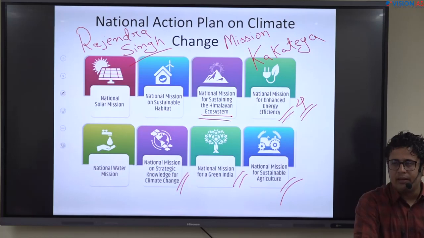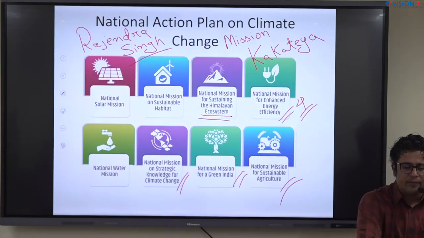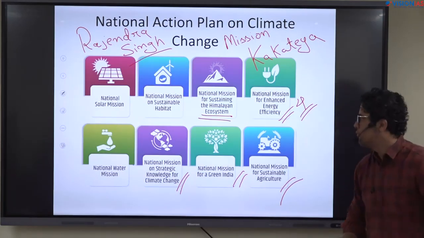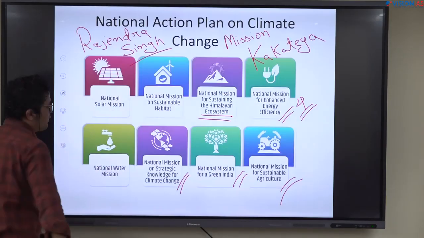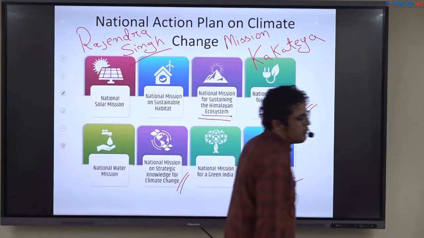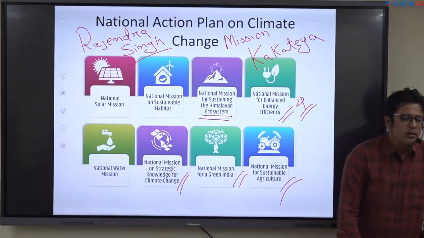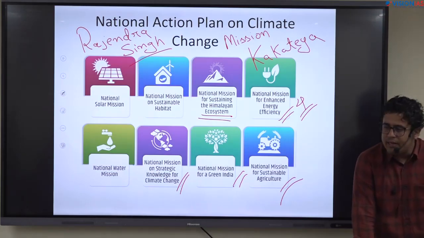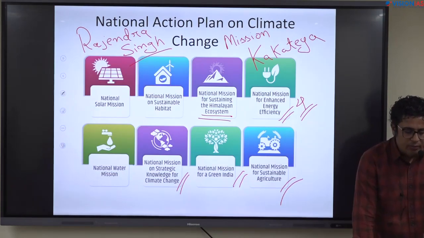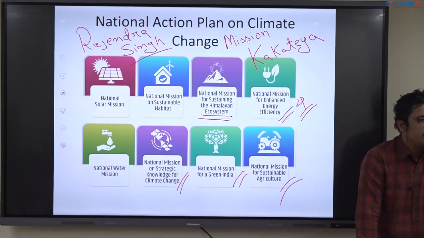To prepare India's agriculture against any threat related to climate change. So these are our 8 missions. Now read about NAPCC, paragraph number 8, page number 14. Read about it.